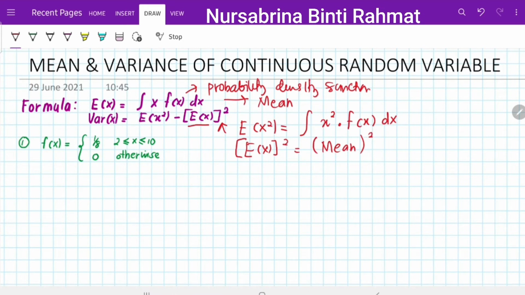These two formulas you need to memorize because they will not be given in the exam. I'm going to show you the first example on how we can use these formulas to find your mean and variance.